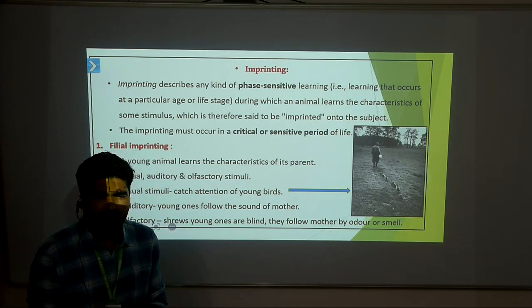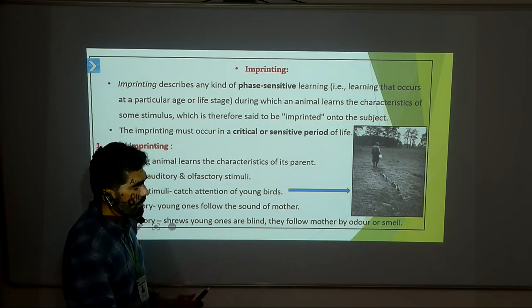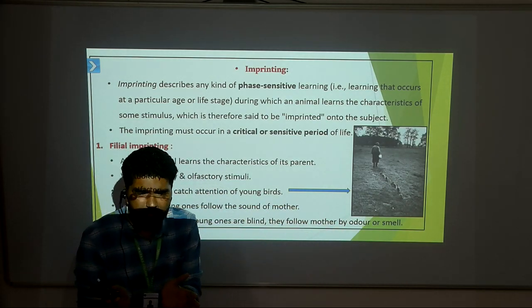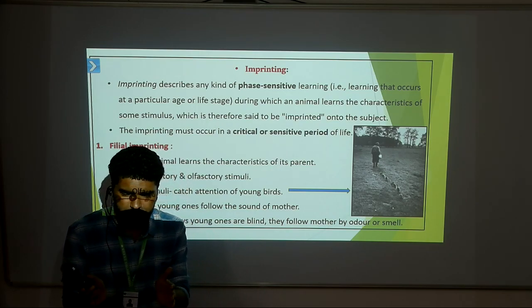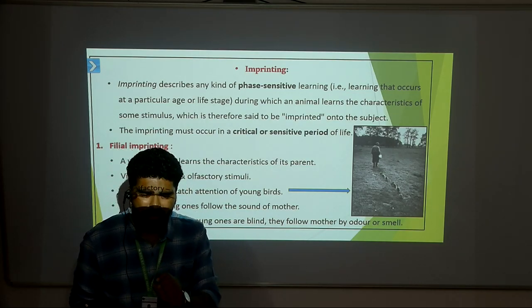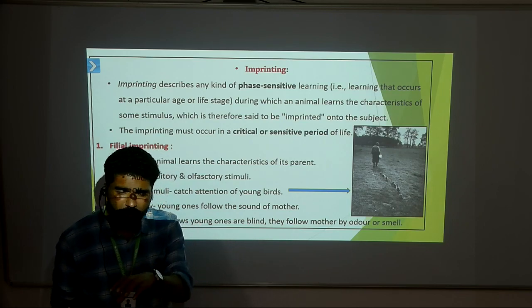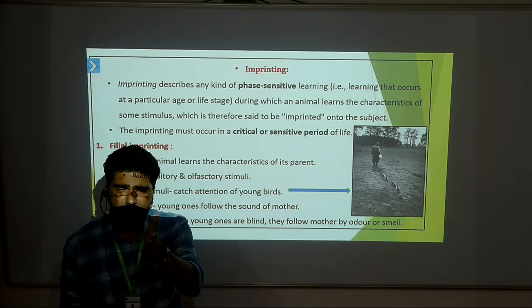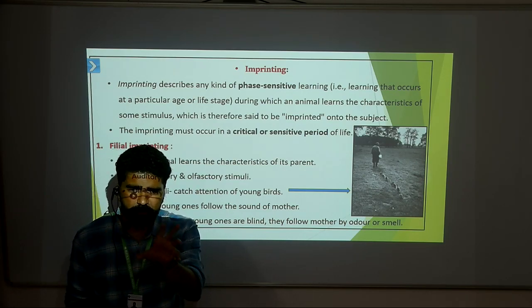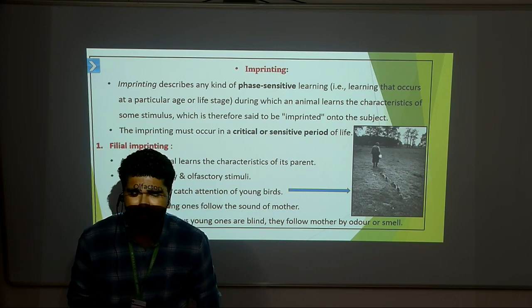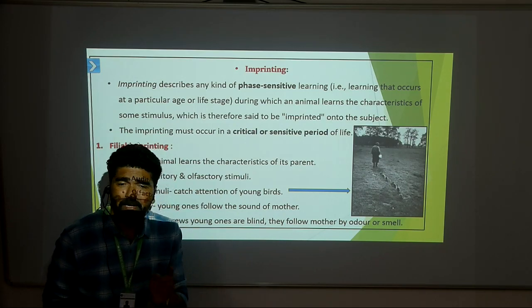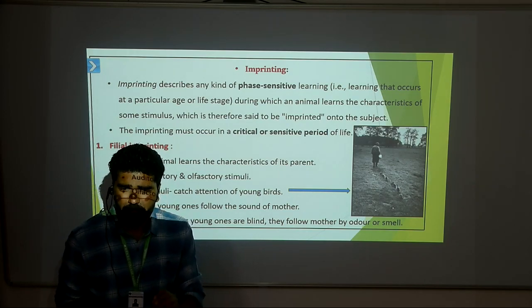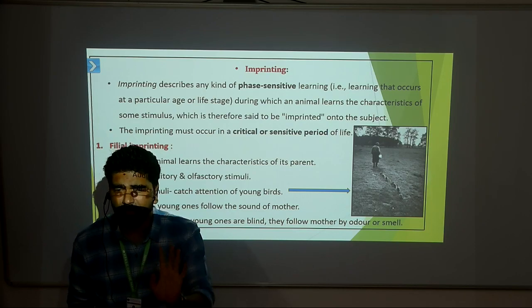This is a very interesting experiment done by a scientist. He sat just in front of the nest, and when the ducklings came out from the eggs, they only knew that face, and they recognized the face of that scientist as a parental face.